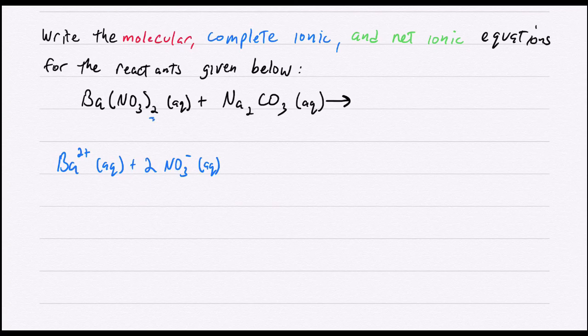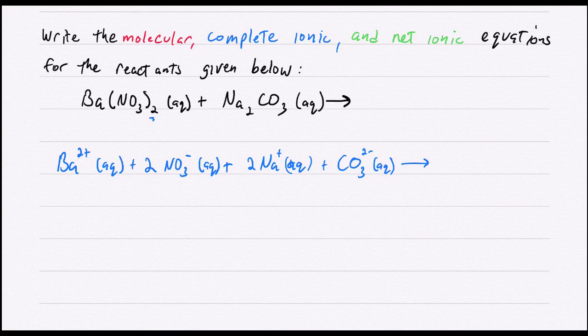And then our sodium carbonate is going to break up into 2 sodium ions and, go ahead and write aqueous there, and a carbonate ion. And we want to see how are those 2 things going to combine.